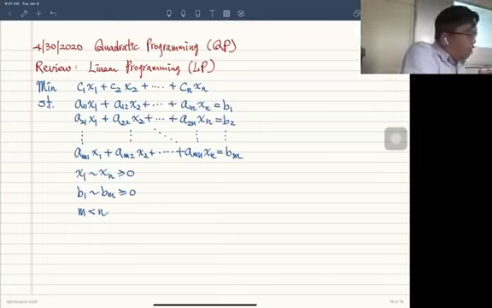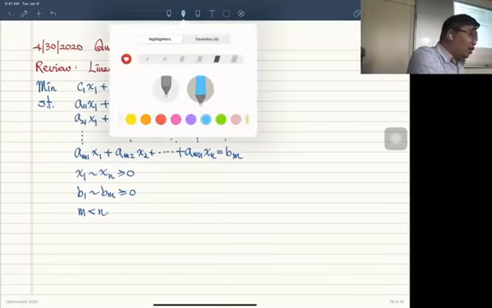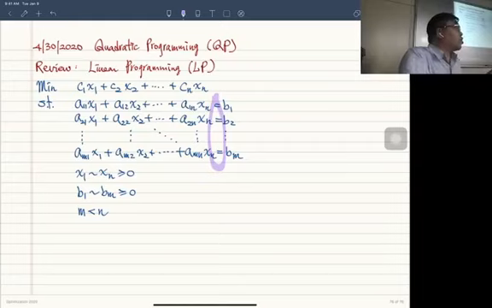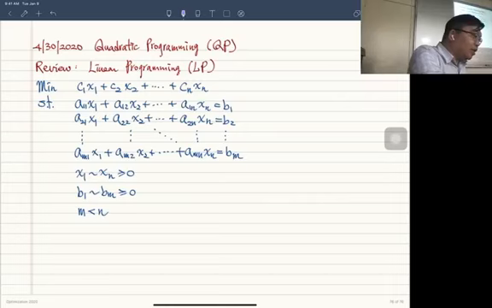You have to convert all the inequality into equality, which means everything you have in your constraint needs to have the equal sign. You cannot handle larger than or smaller than. You can only handle equals to. And in order to convert those, you will need to put slack variables into your formulations. So this is just to remind you what we have introduced in the past.